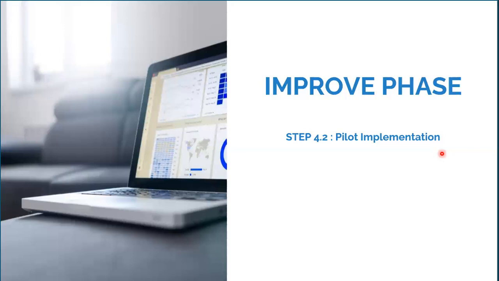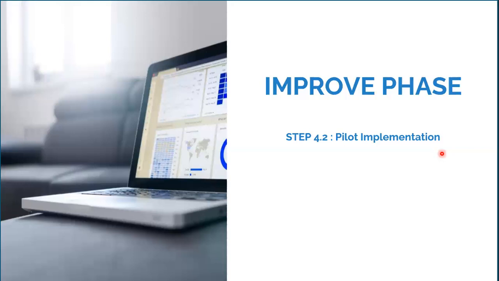So now that we found the solutions, we are going to implement them on a short-term basis, which we also call an experimental basis. So we are going to experiment with these solutions for a short period of time. Once we have implemented them, we are going to test whether the improvement is achieved or not based on these solution implementations.